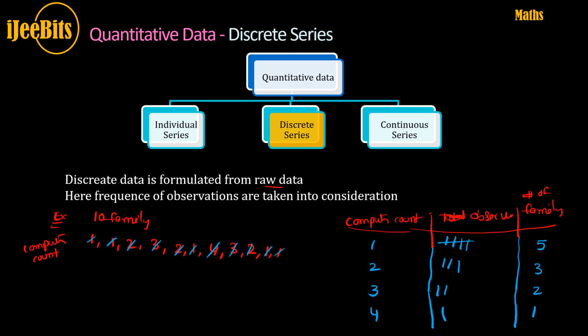So you have 11 observations, and this is how you distribute them. This is what we call a discrete series. You started from the raw data, but you formulated it as discrete data. Discrete data here means the frequency of observations is taken into consideration, and that is the key. Are you clear? Good.